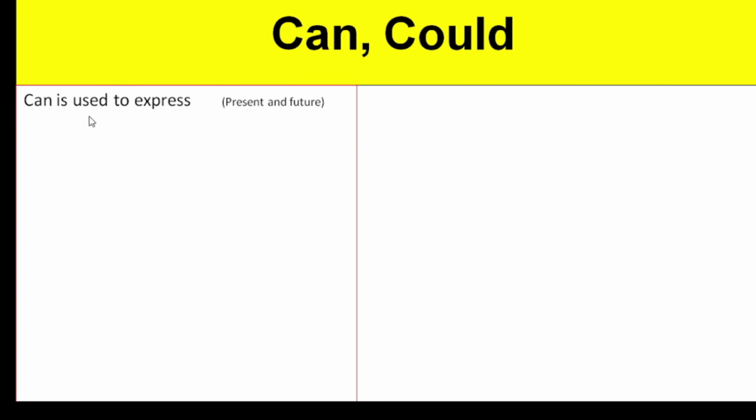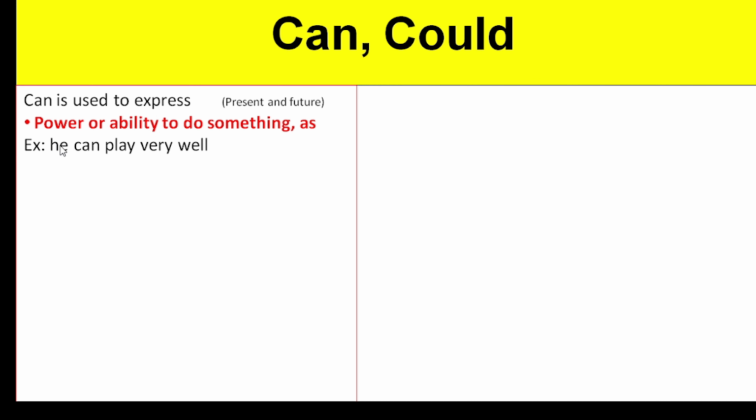So can is used to express the present and the future tenses or situations. Can is used to express the power or ability to do something. For example, he can play very well. So here can shows the ability of the subject. She can dance well.